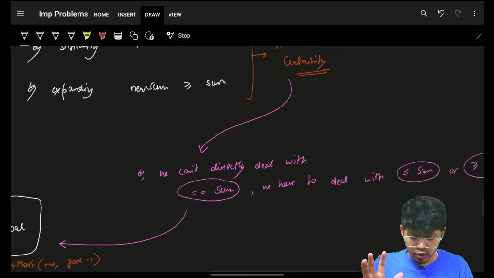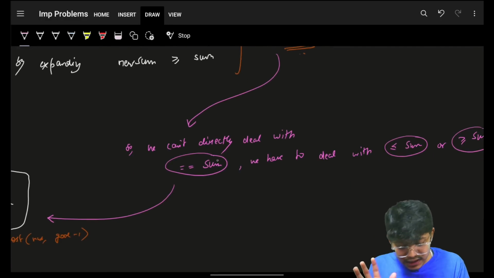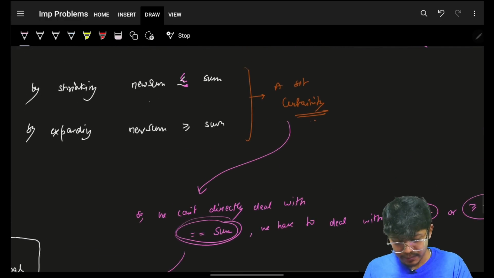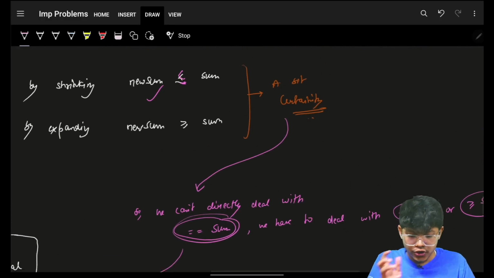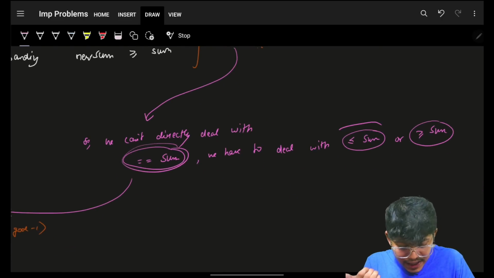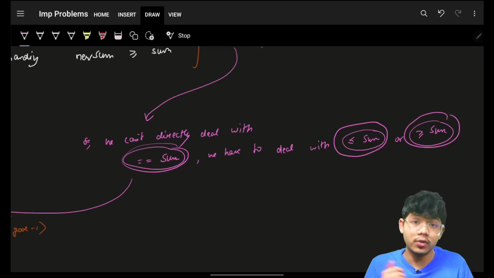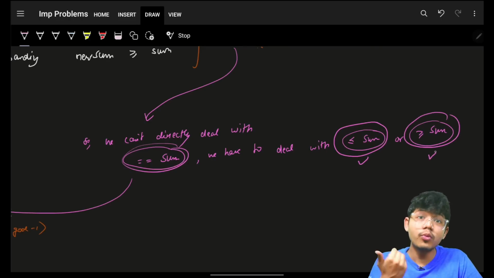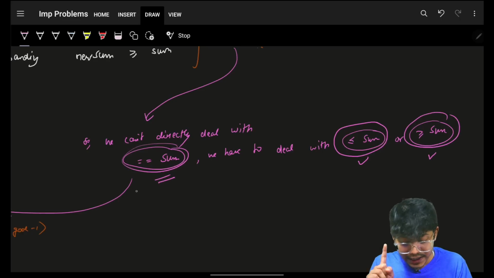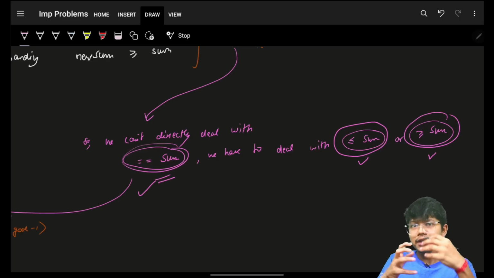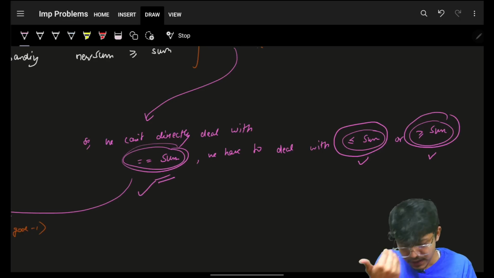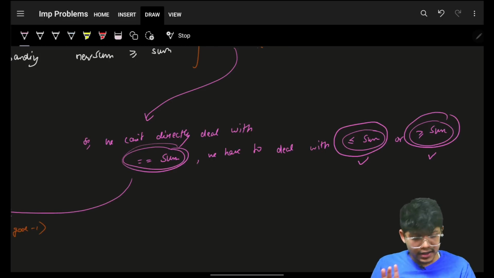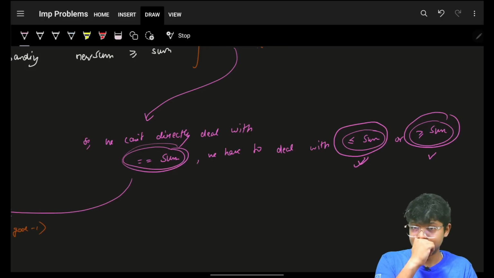So now I got to know that we can't directly deal with equal to sum, because my new sum can be less or more. So I can indirectly deal with less than equal to sum or more than equal to sum, and not directly with equal to sum. Equal to sum I could have dealt with if I had only positive numbers. So I cannot do that. I will actually have to deal with less than equal to sum.